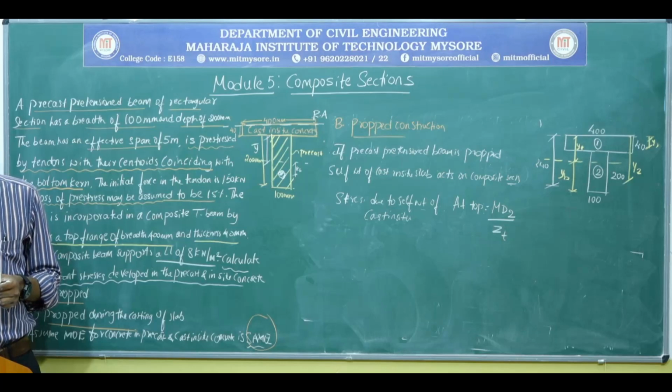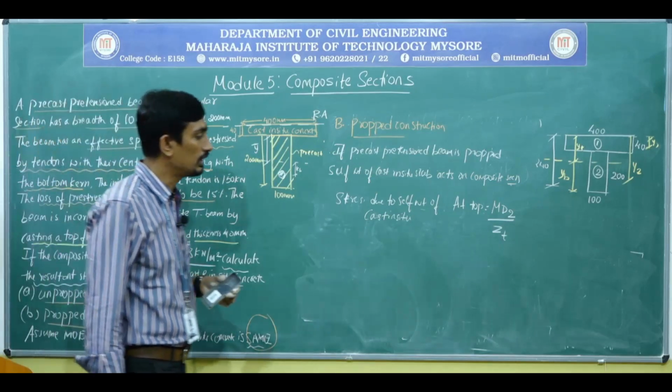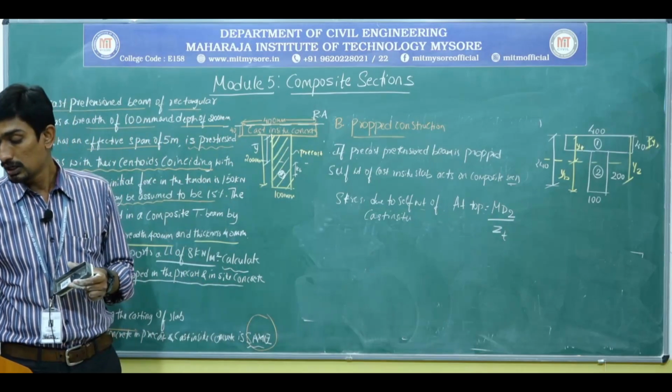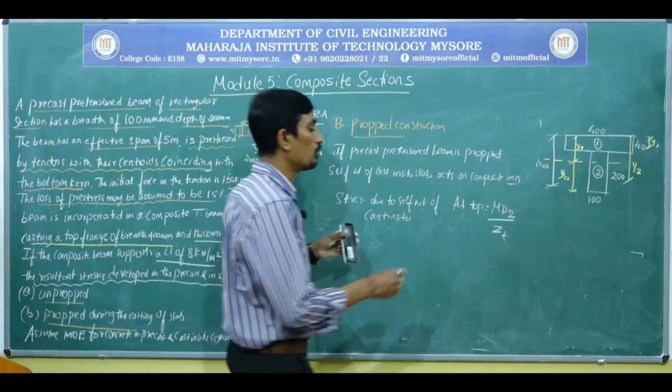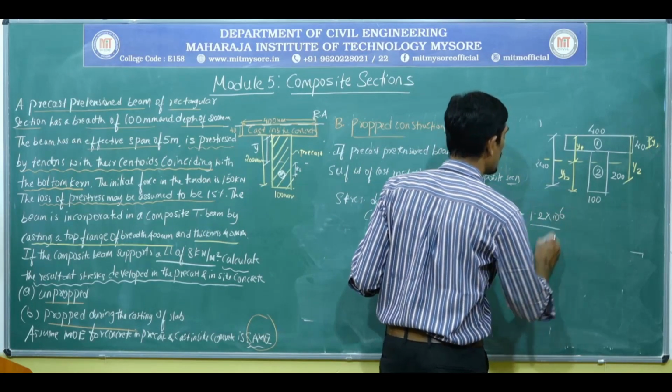So what is that MD2? The dead load remains same, which has already been calculated, that is 1.2 kilonewton meter or 1.2 into 10 to the power of 6 Newton millimeter. This remains same.